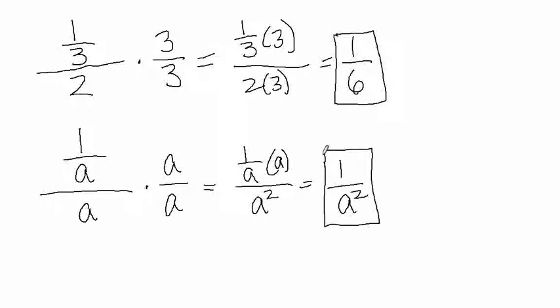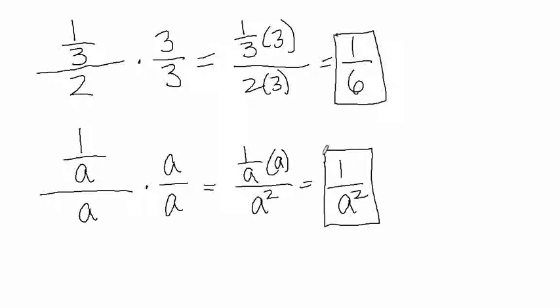Now, one question might be, how do I know what to multiply the original complex rational expression by? What equivalent fraction equal to 1 do I want to use? And you want to use the form that contains the least common denominator of all the denominators of your complex rational expression on top and bottom.